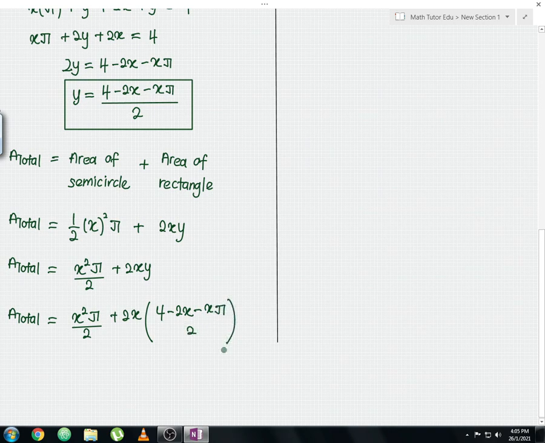Okay, close bracket. So let me underline the fraction. Okay, so this 2 we will simplify, it will become 1. So the x you can straight away multiply into the bracket. Okay, so from here let us continue our working.